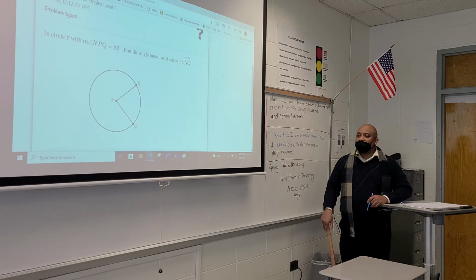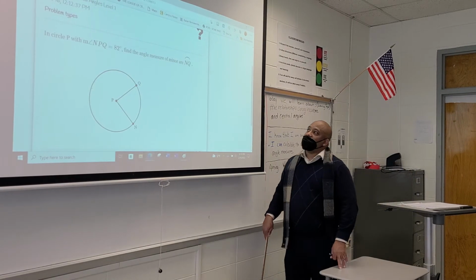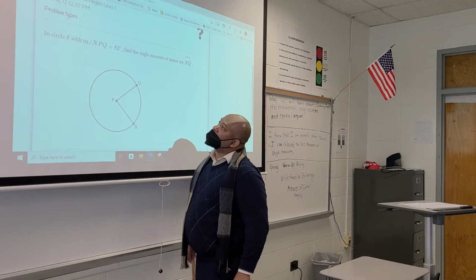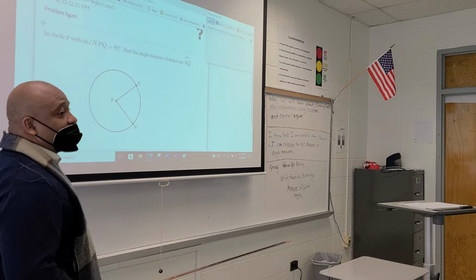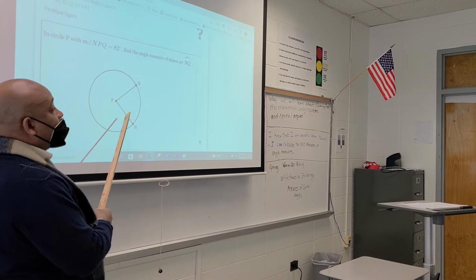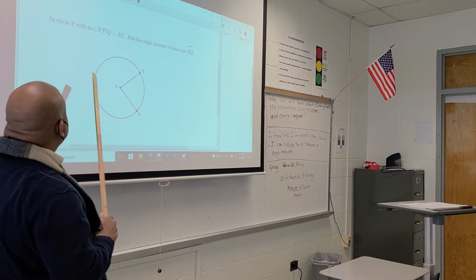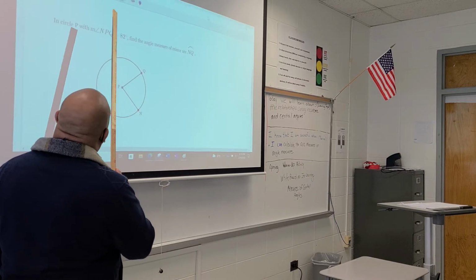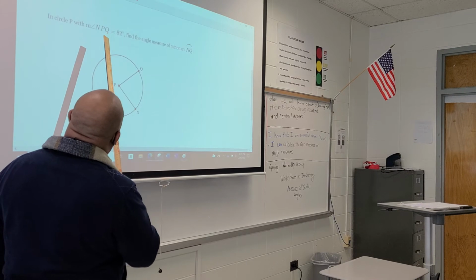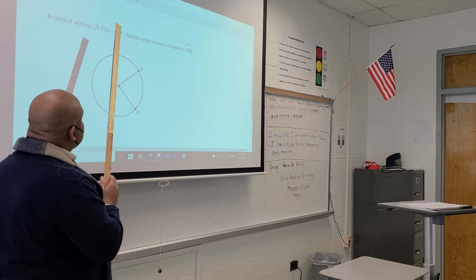All right, so let's go over one problem in Delta Math. It says circle P. We always identify the circle by the center point, right? So it has circle P. In circle P, the measure of angle NPQ is 82 degrees.